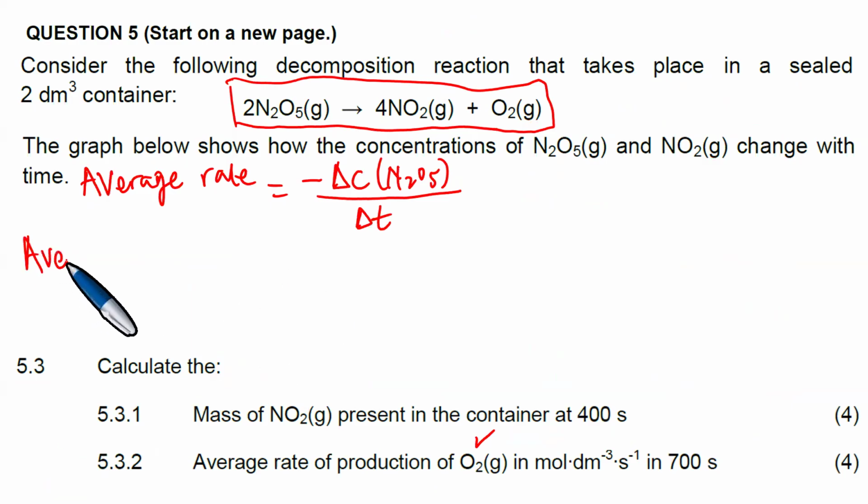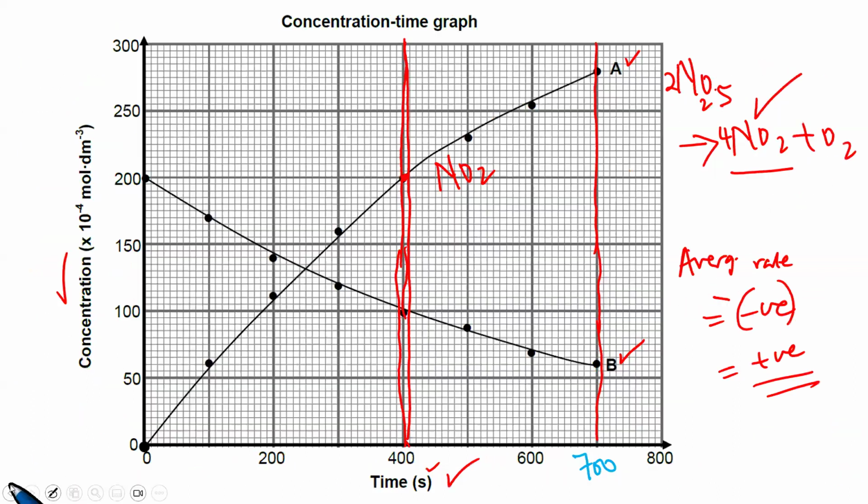So now we have the average rate. In the end, what is the change in concentration of N2O5? Now let's check.